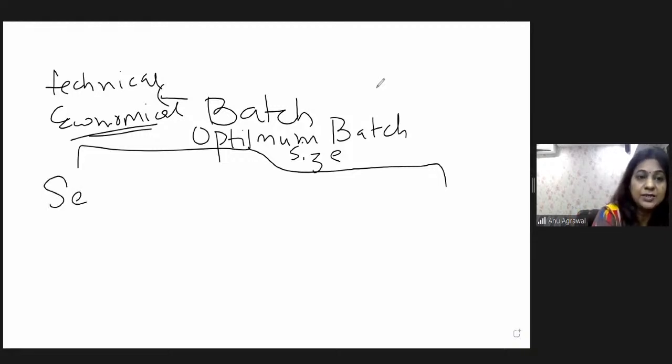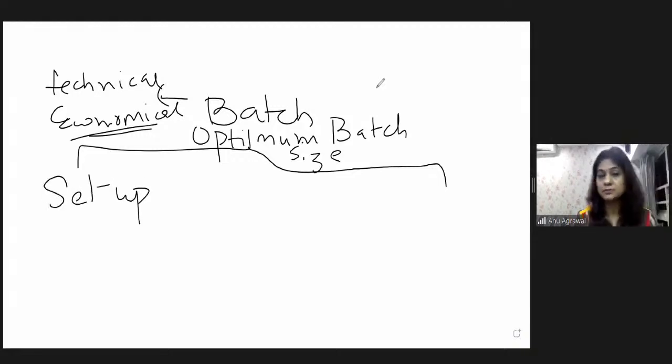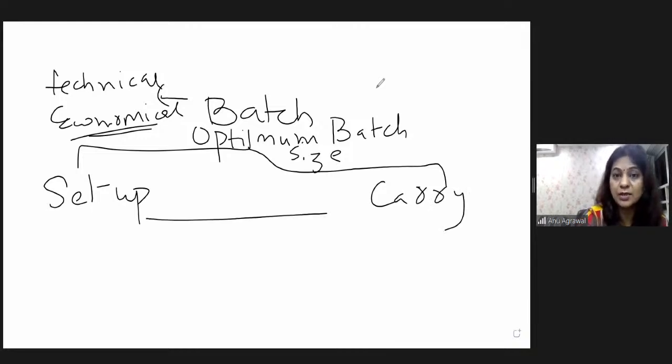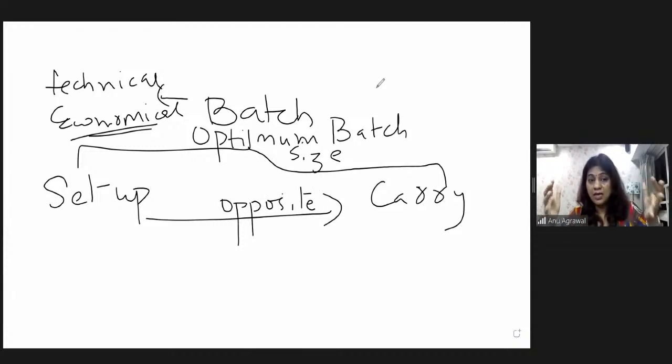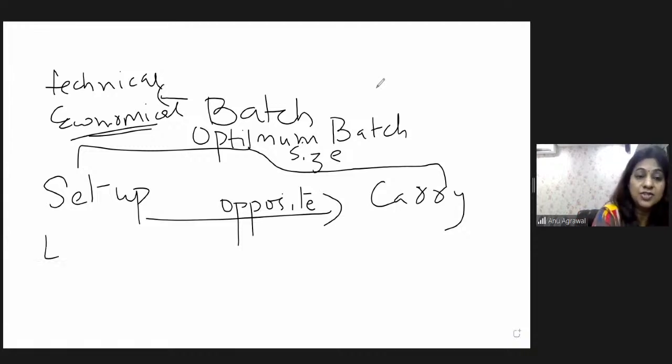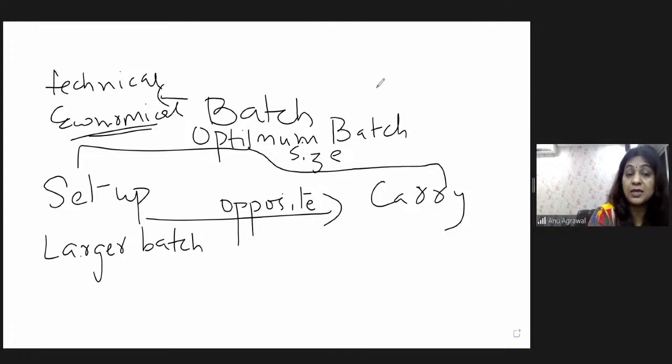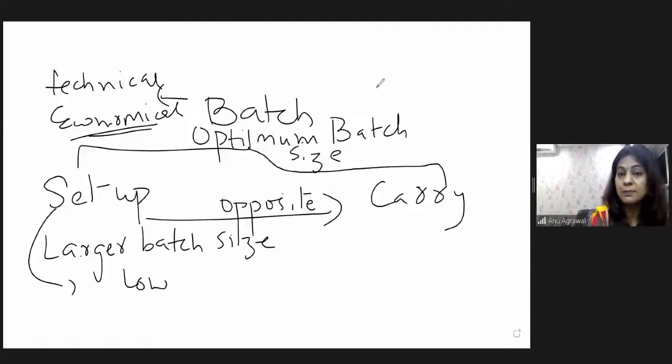Because every time I need to set up a machine, and then whatever units I produce, I need to carry them. So these costs are opposite again to each other. If I decide to produce a larger batch size, my setup cost will be low, but my carrying cost will be high.